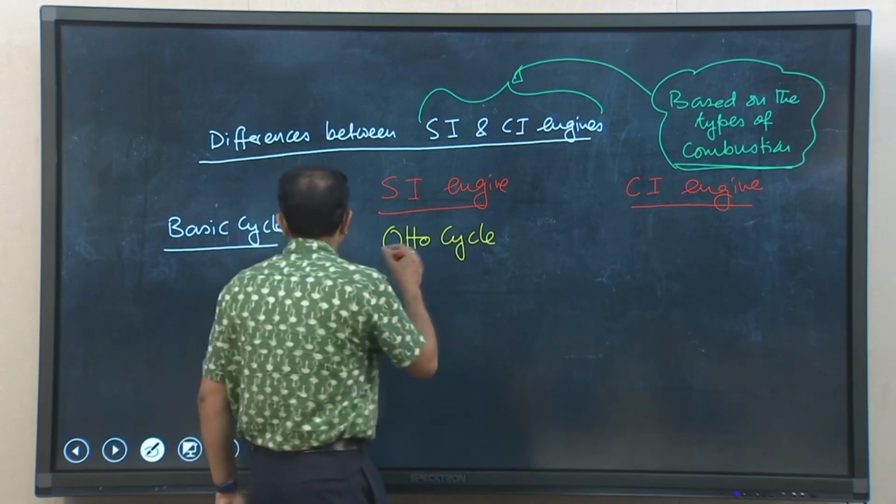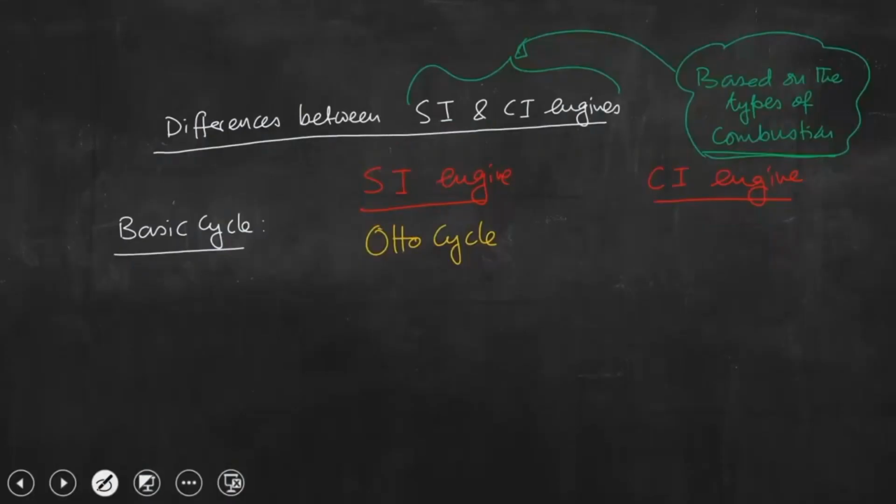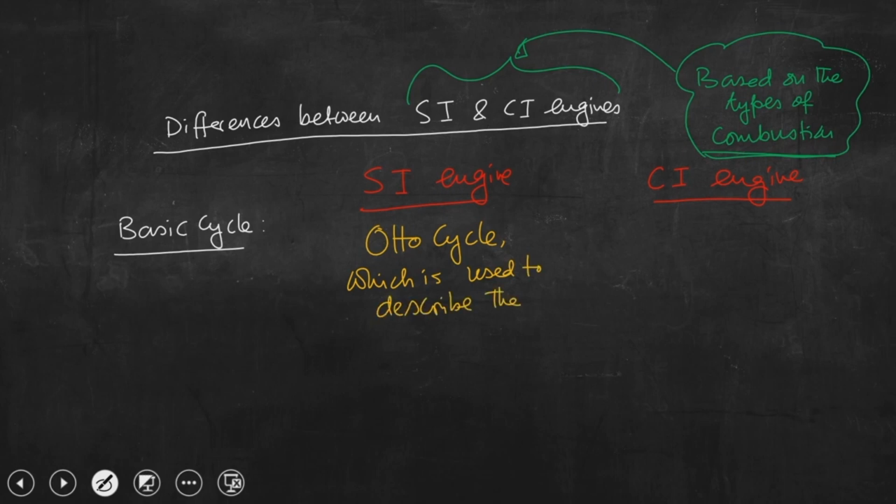So, the basic cycle is the Otto cycle, which is used to describe the functioning of SI engines. Okay. So, this is very important.